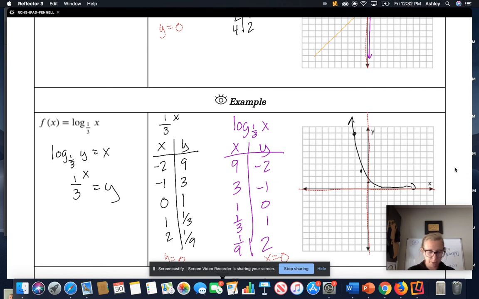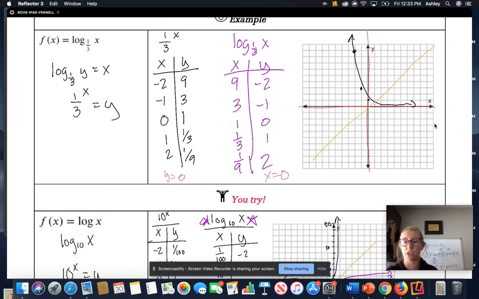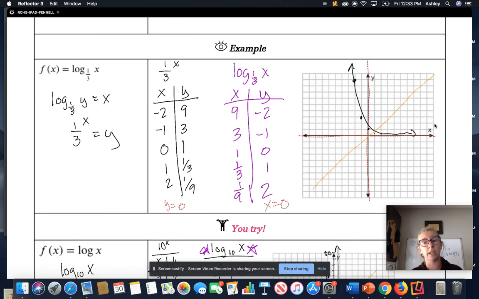I also like to put in my line y equals x so that I can do a check here and make sure that my logarithmic function does in fact look like a reflection over the line y equals x, because that is what an inverse is, so that should be the case. And now we're going to graph our points. So we're going to go over 9 in the positive direction and down 1. And then we're going to go over 3, down 2.